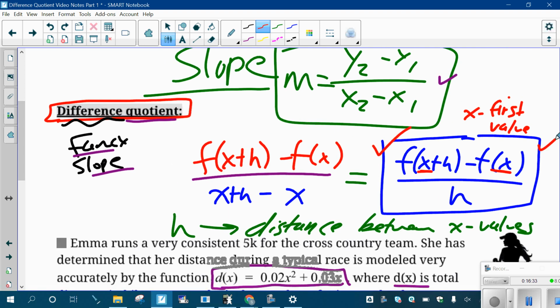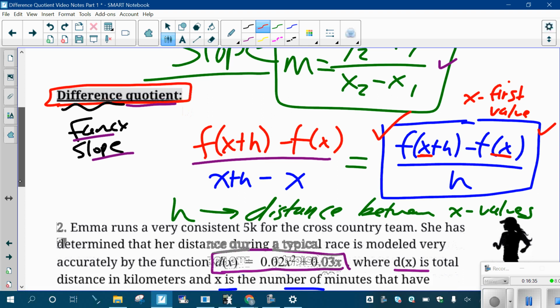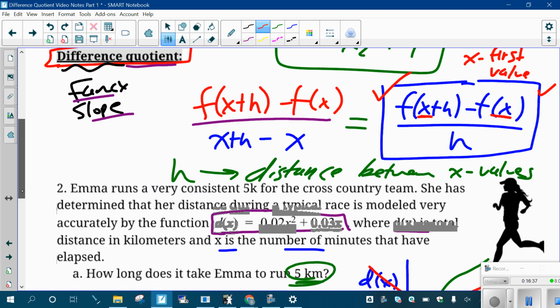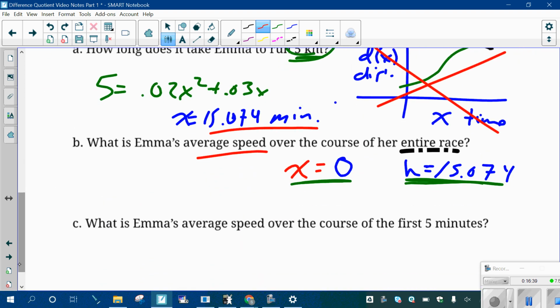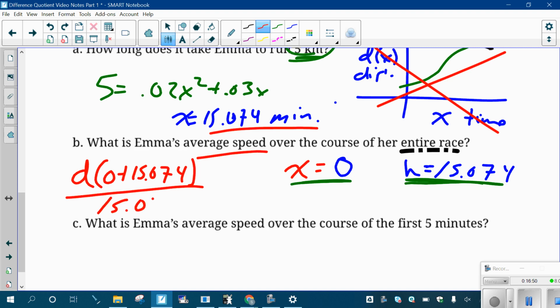Only I'm not going to do f of x plus h minus f of x over h. I'm going to do d of x plus h minus d of x over h. Again, all I'm doing is calculating slope. I'm just using this new fancy way.